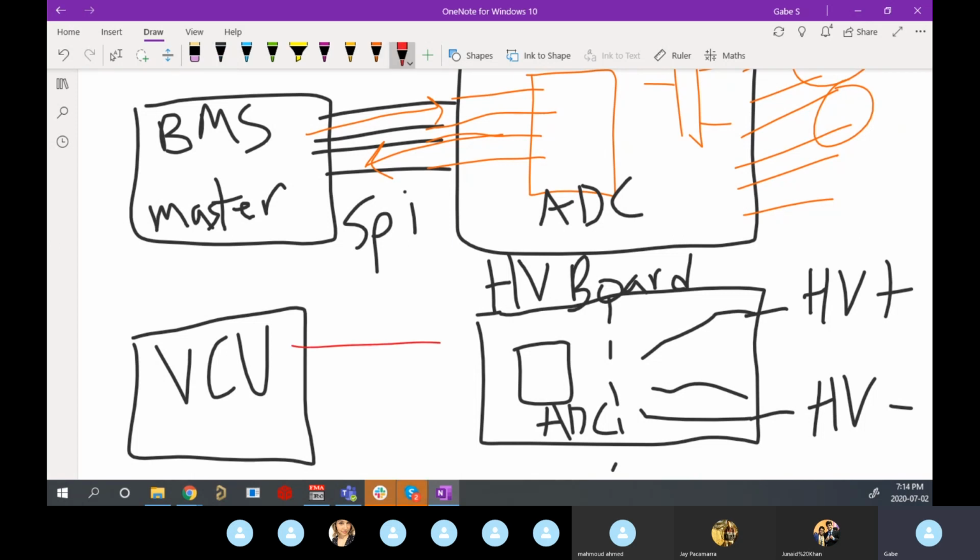What's interesting about this one is it's only 3 lines. That ADC has serial clock, sorry, chip select up top, first thing always, serial clock, and MISO.